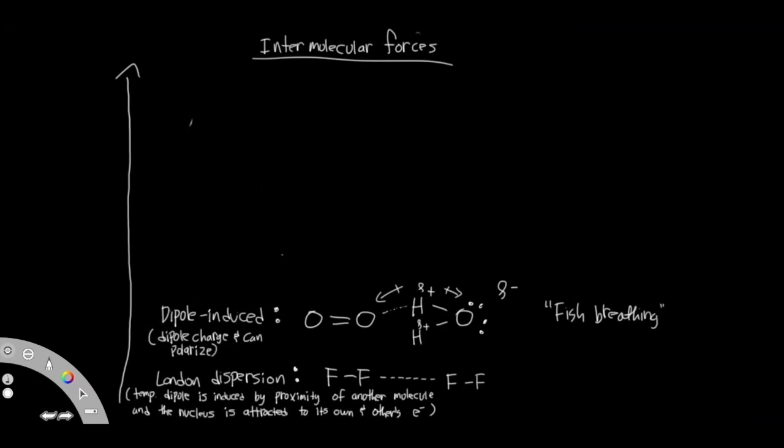Next we have an ion-induced. In an ion-induced, we have an ion charge, and it can polarize. Let's have a look at the same thing, our oxygen, and let's have it with this ion here of iron.